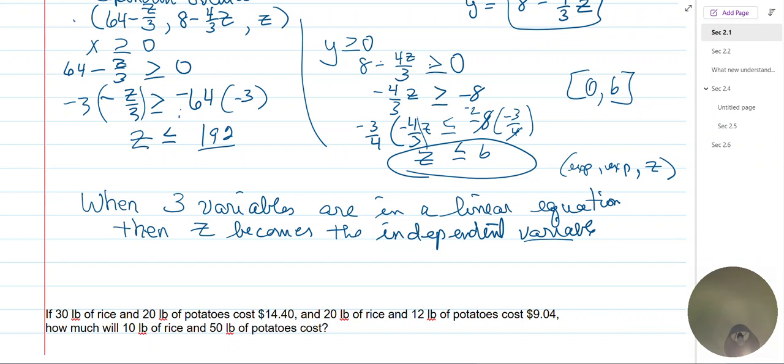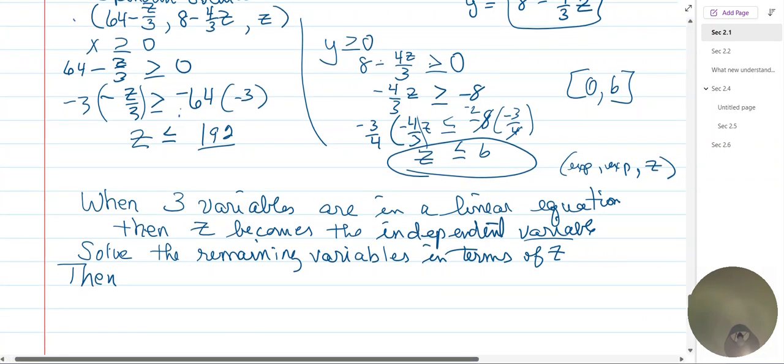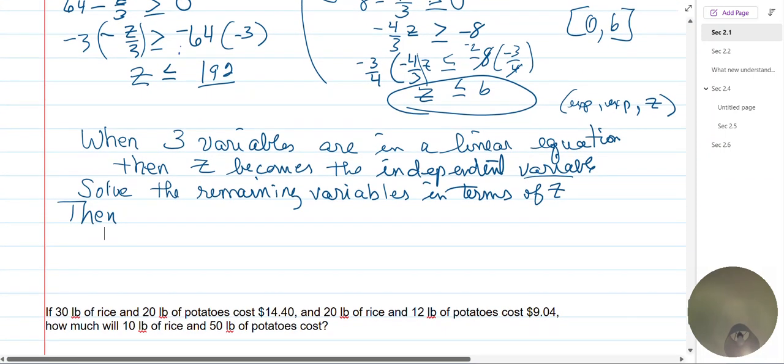All right, so then we solve the remaining variables in terms of Z. Then, it wasn't explicit, I just did the math and forgot to tell you reasoning, and that's awful on my part.